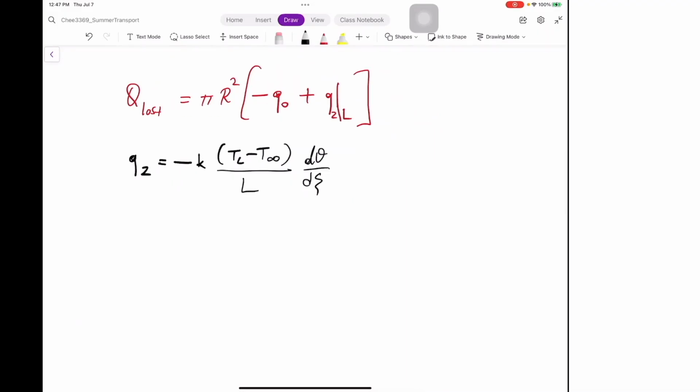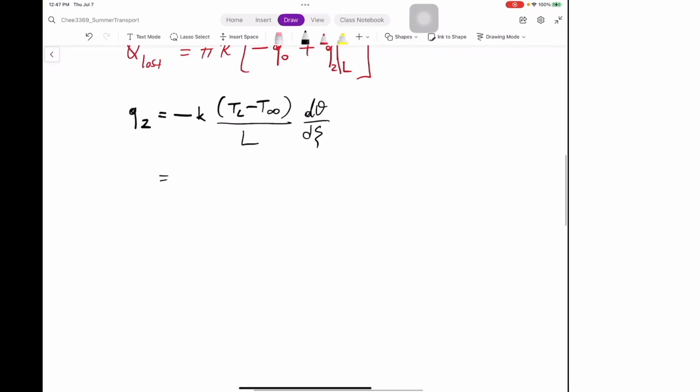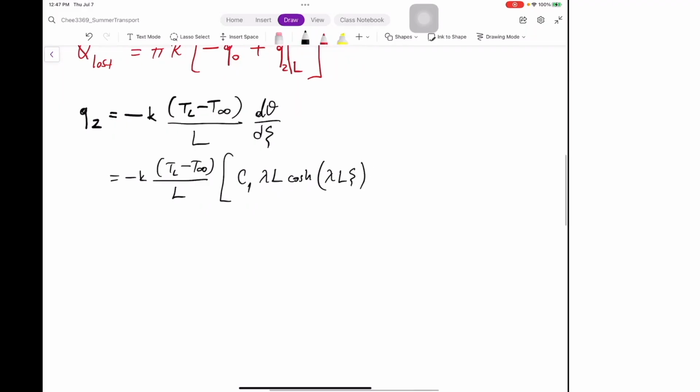And that's equal to C1 lambda L cosine hyperbolic lambda L psi plus C2 sine hyperbolic lambda L psi.